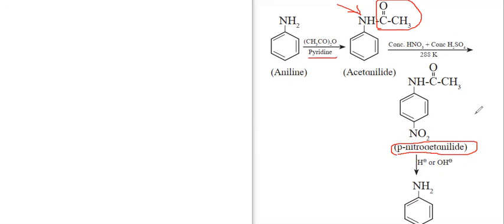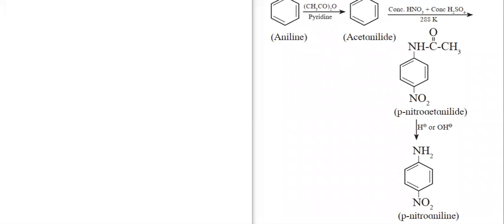Then by simple hydrolysis we can remove this group, meaning we take out the protection, and finally we get only a single product, which is para-nitroaniline. First we protected the amino group, then followed the nitration, and then we get a very pure product of para-nitroaniline.